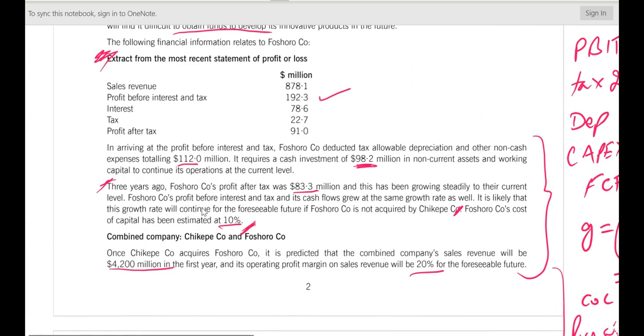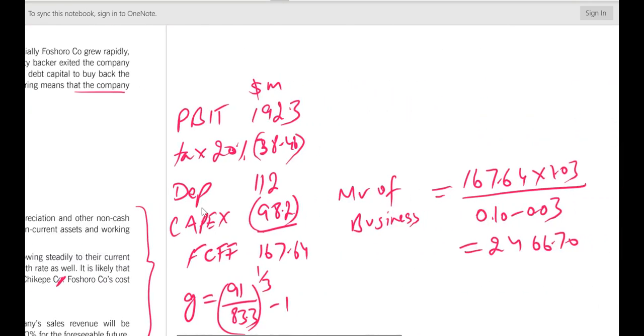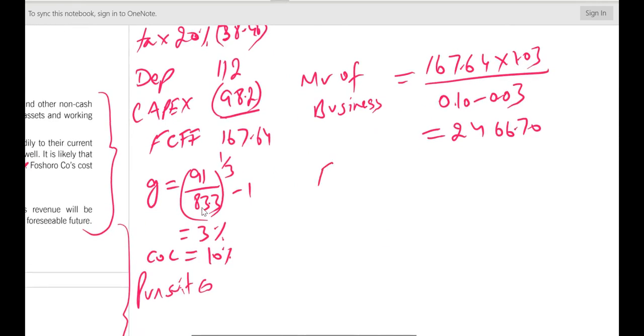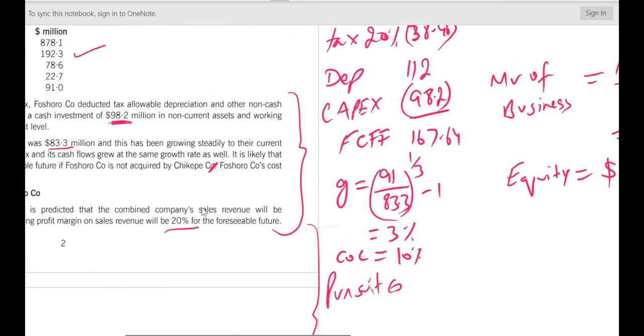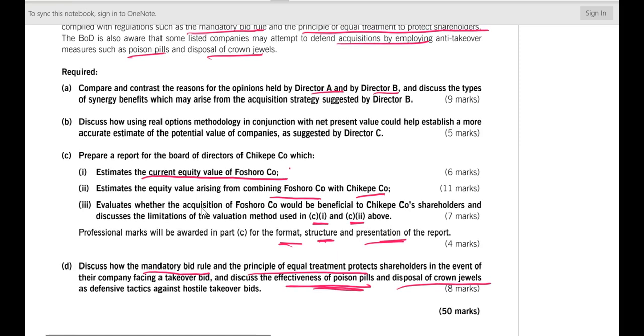And the equity value is 40% of this. So let's calculate the equity value. Equity value is 40% of this value, that is 987 million dollars. Okay, we have solved the first part of C.